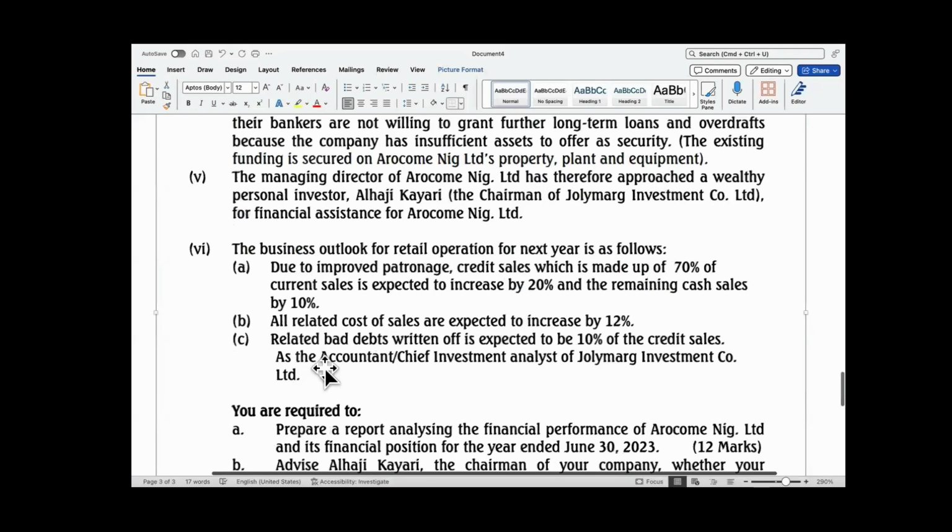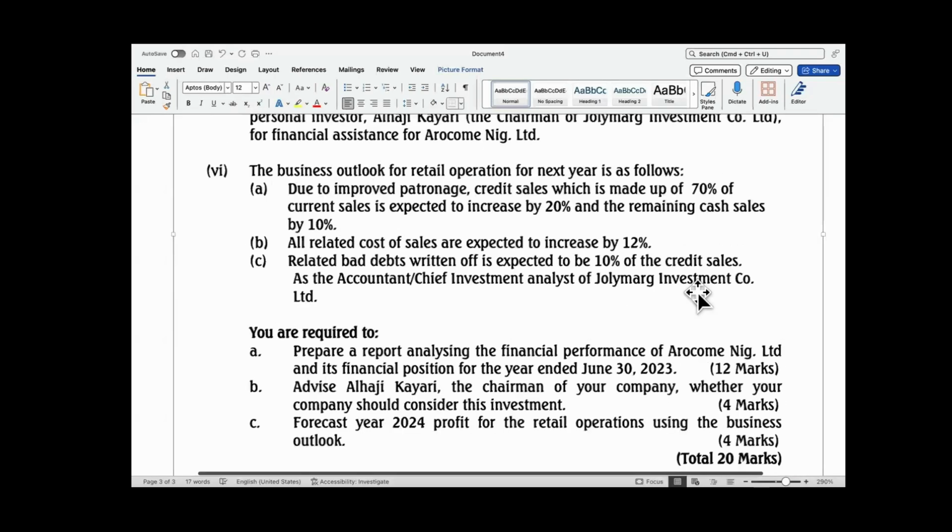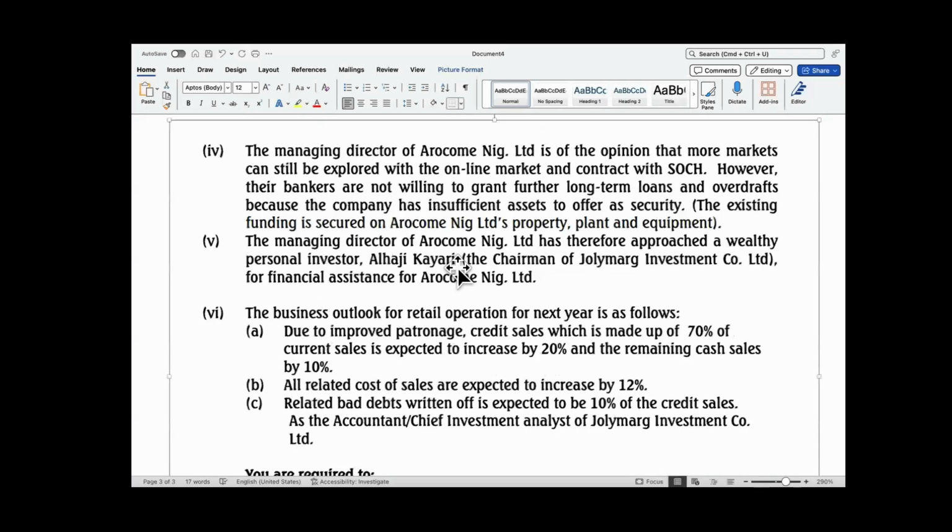As the accountant or chief analyst of Jolimag Co. Limited, you are required to do this. Okay. So they are seeing you as the accountant or chief accountant of Jolimag. Remember that your chairman happened to be the last resort of a company called Agrocom. They need money.